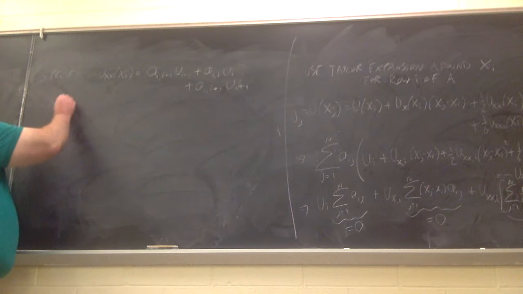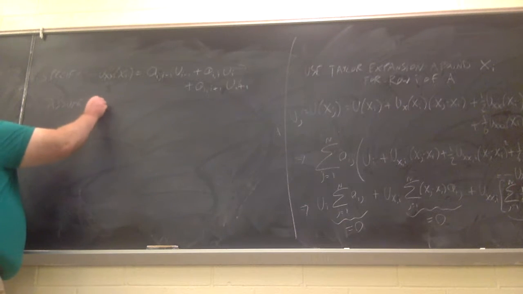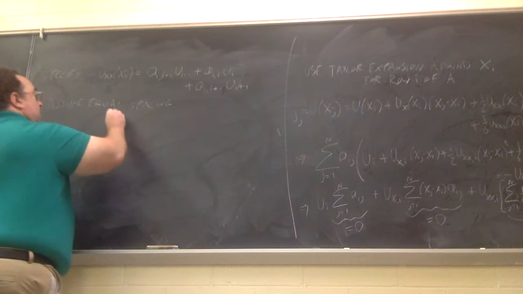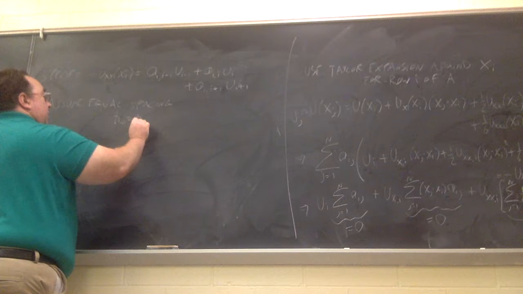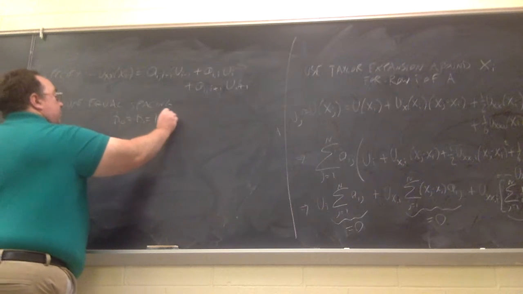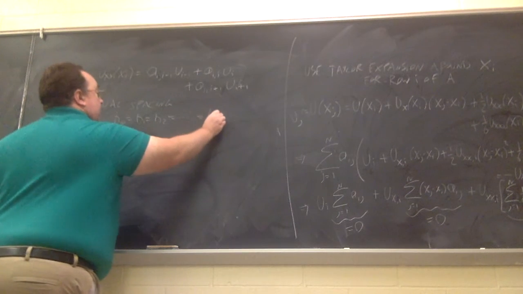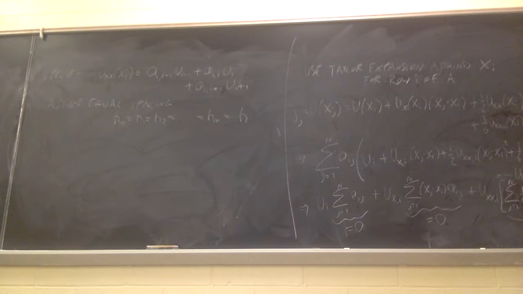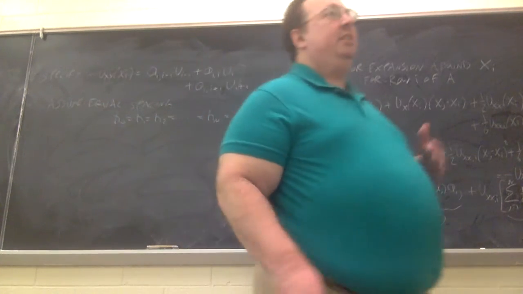Then I'm going to simplify things a little further. I'm going to assume equal spacing: H0, H1, H2, Hn, all equal to some uniform value H. And in fact, because it's equal spacing, I can tell you what H is.